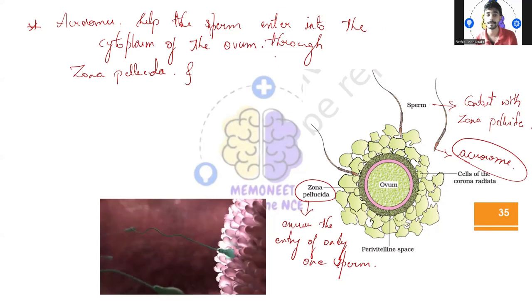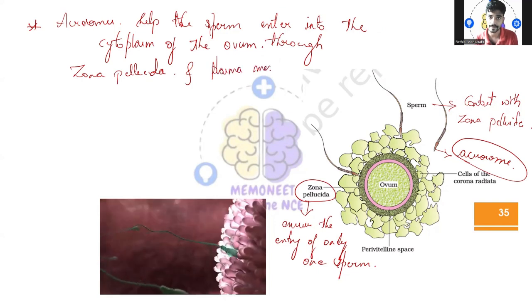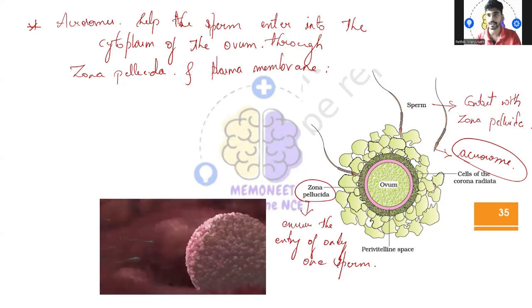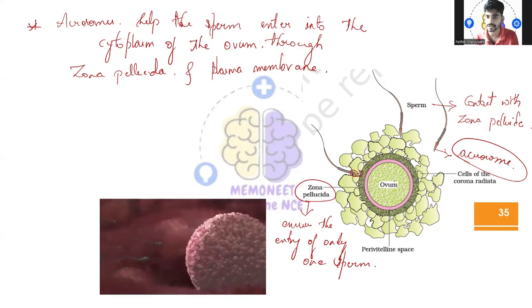The plasma membrane and the zona pellucida region, and what happens now? This completes the fusion of the male and female, and we need to understand that only the head region enters into the ovum.